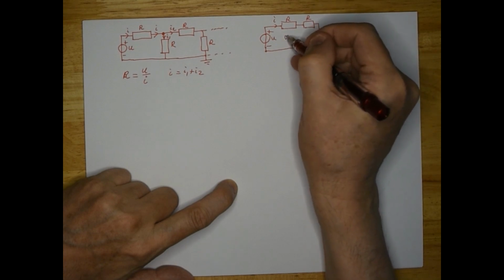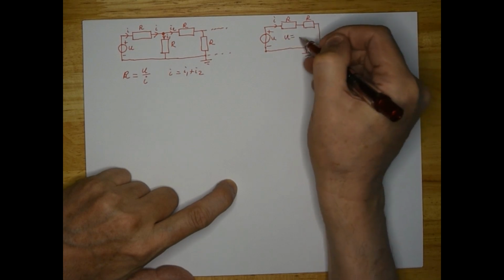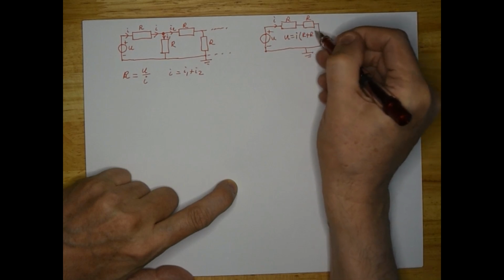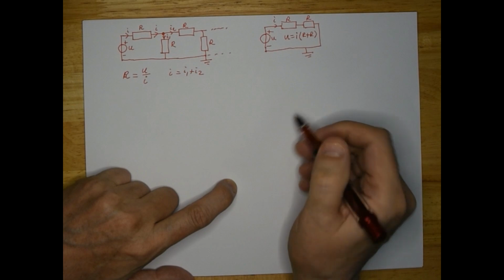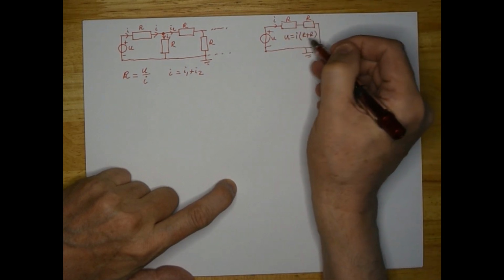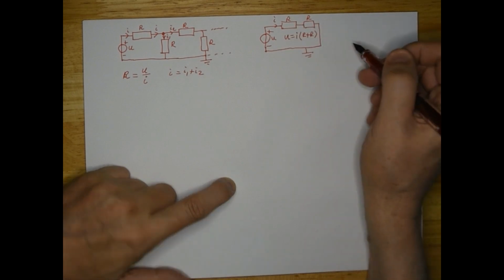U over I equals I times R plus R. So if in series, you can add up resistances.